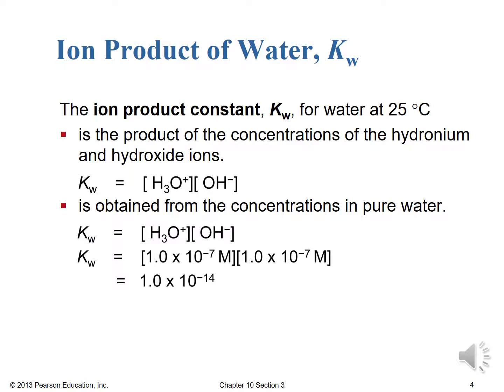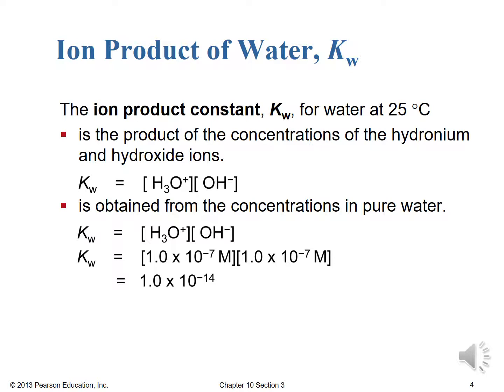So the ion product constant, Kw, which, if you remember, we talked about Ka in the last section, Kw for water at 25 degrees Celsius is the product of how much of that water actually goes on to make H3O plus and OH minus. It's obtained from the concentrations in pure water of 1.0 times 10 to the minus 7 molar at 25 degrees Celsius for both H3O plus and OH minus, and that means when we multiply those together, we get 1 times 10 to the minus 14.